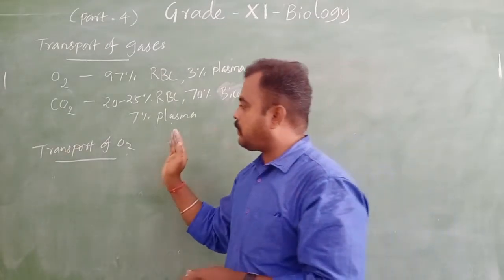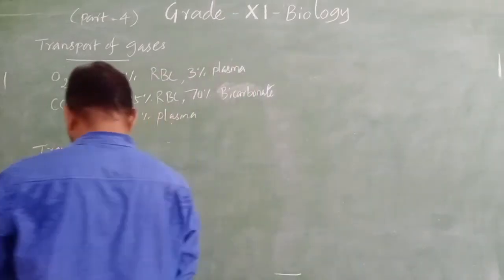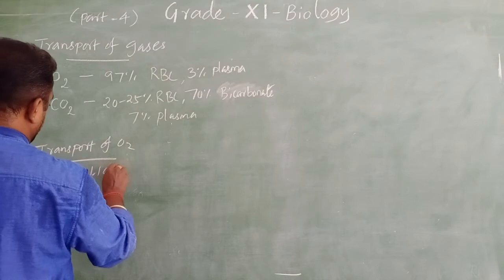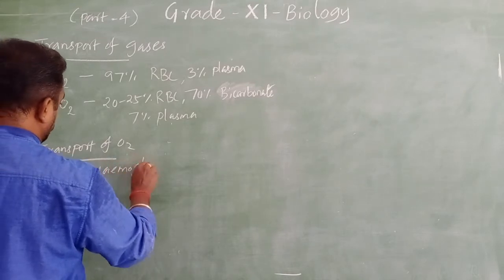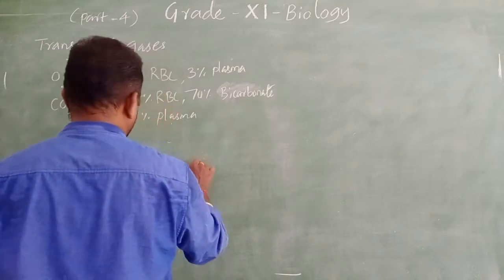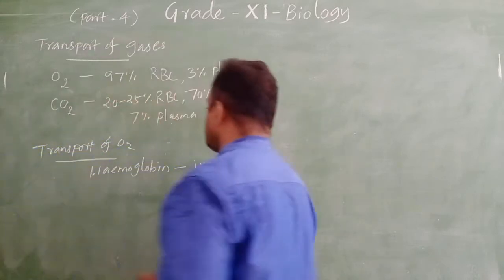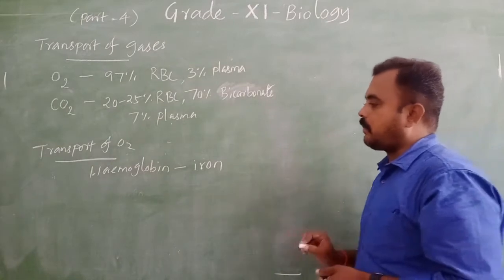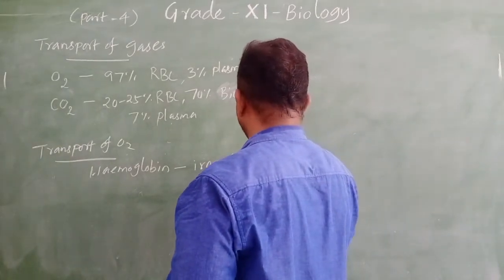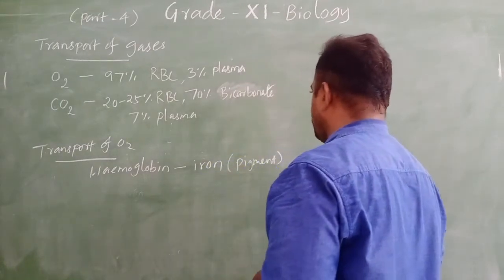So transport of oxygen is done by hemoglobin, which consists of iron. Hemoglobin is one of the pigments.